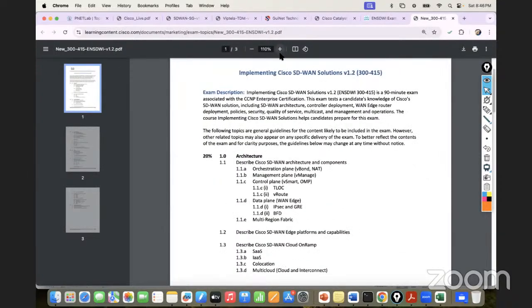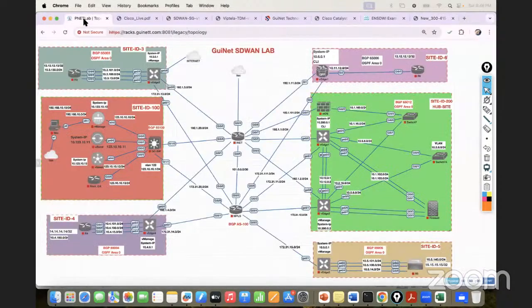This is the official course outline for the Cisco SD-WAN, and we are going to cover exactly the same official course outline for our learning.